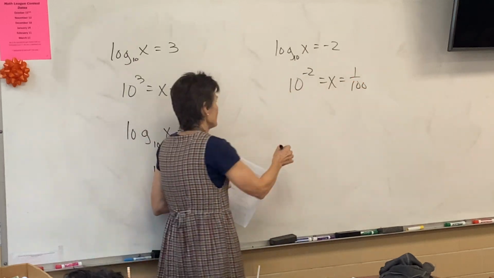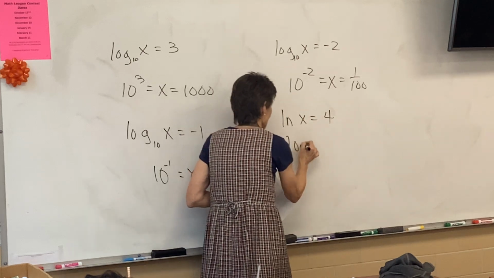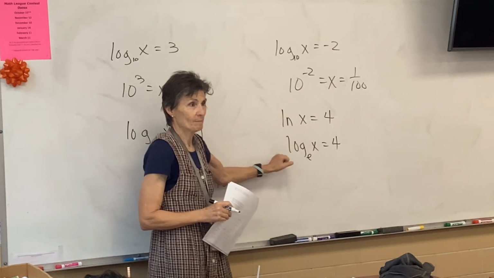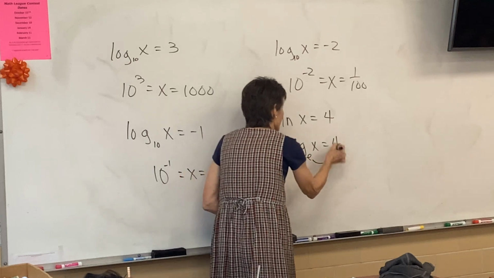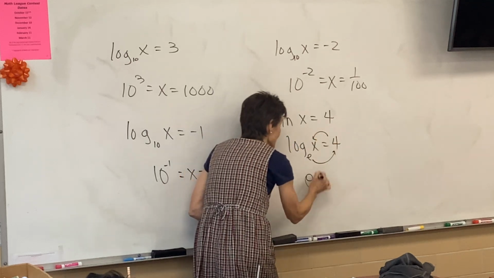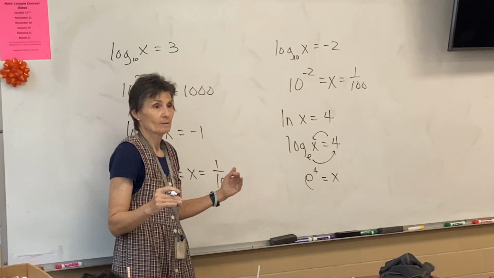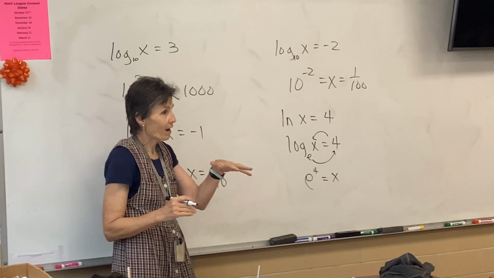Ooh, what about D? Log E. So remember, the base is E. So just rewriting my problem, this is what it looks like. E to the 4th equals x. That's the answer. E is an irrational number like pi.